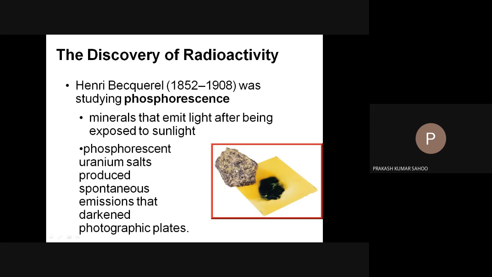This phosphorescent uranium salt produced spontaneous emission that darkened the photographic plate. So when uranium metal is exposed to sunlight, this photographic plate darkens. Then he concluded that some high energetic rays are coming out from this uranium metal, and this is a new concept in science, and he named this radioactivity.